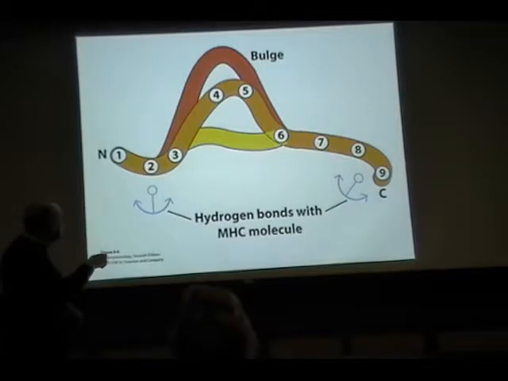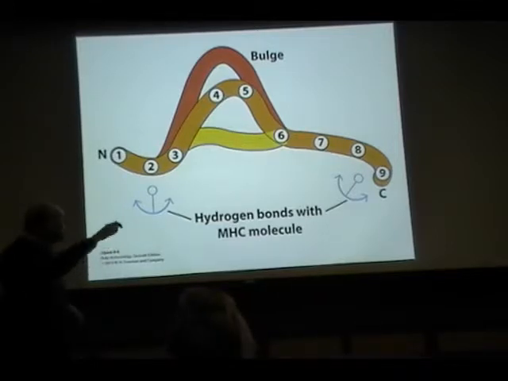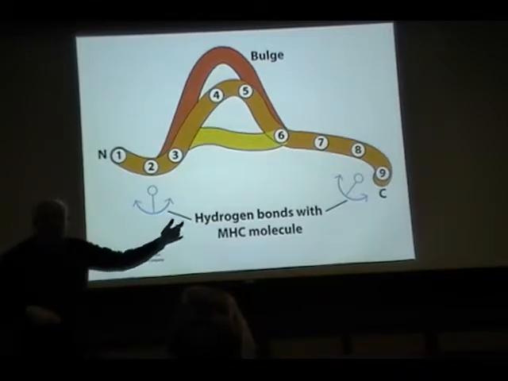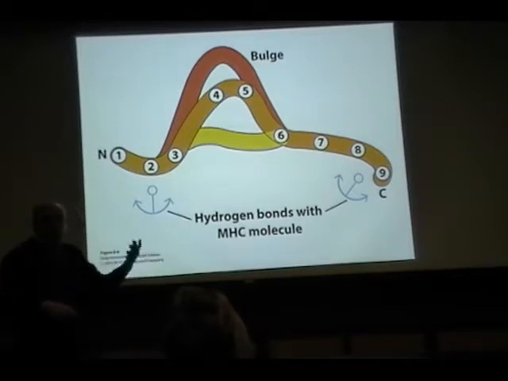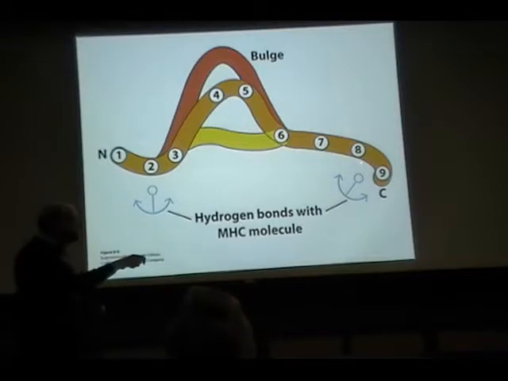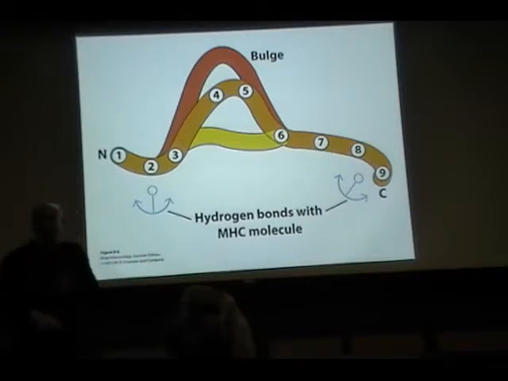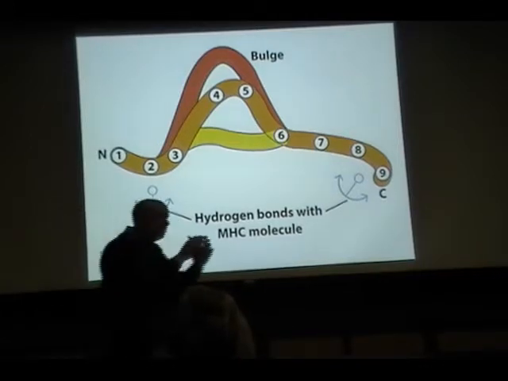If the yellow peptide goes 1, 2, 3, 4, 5, 6, 7, 8, 9, then 4 and 5 have to be compatible with the group. But 4 and 5 can also bulge out, and therefore a peptide whose 1, 3, 6, 7, 8 fit in the groove will fit just as well as 1 through 9. So there's some flexing going on.